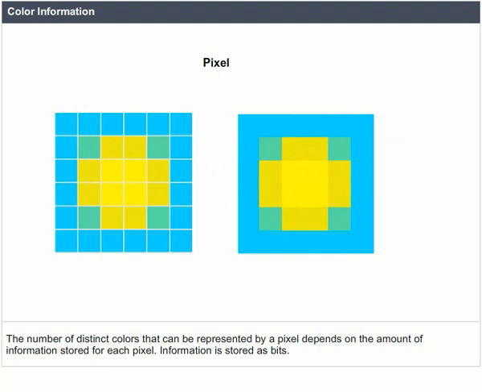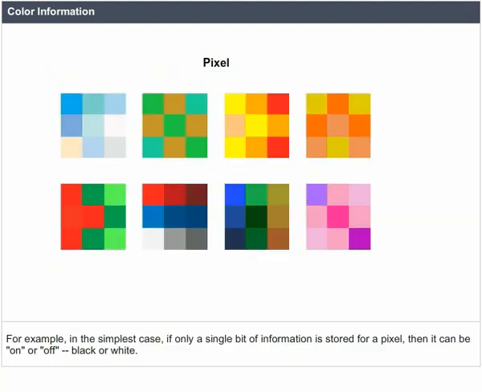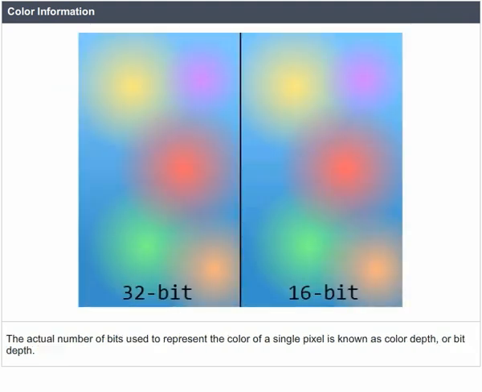Information is stored as bits. The more bits per pixel, BPP, that are stored, the more colors a pixel can represent. For example, in the simplest case, if only a single bit of information is stored for a pixel, then it can be on or off, black or white.